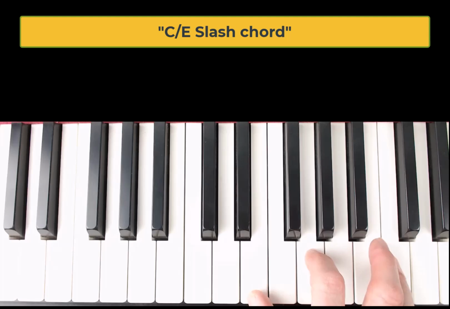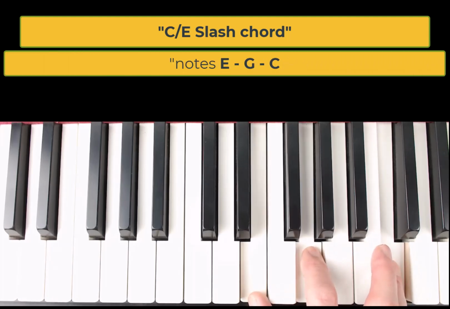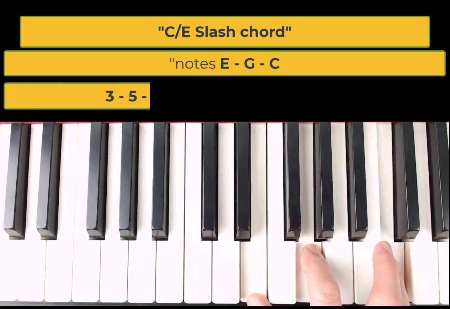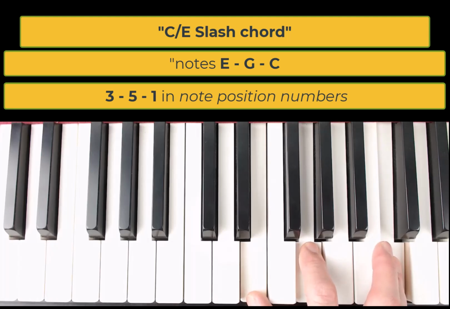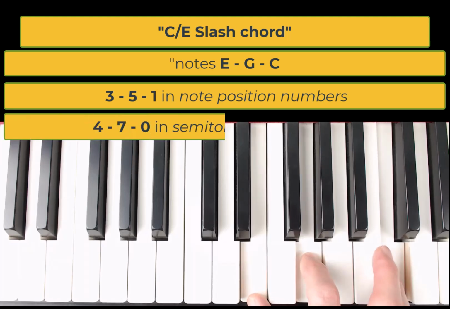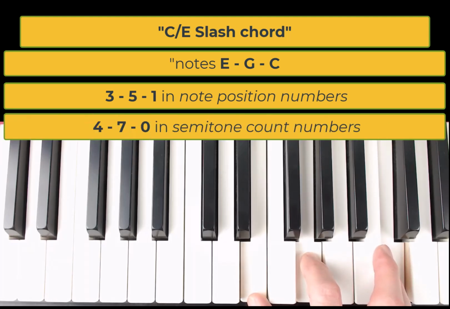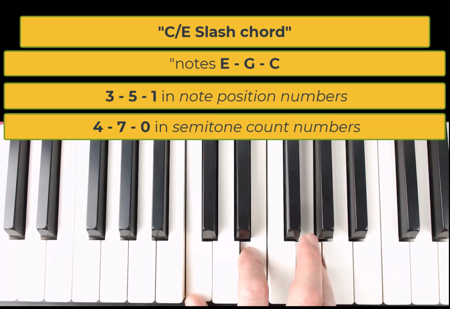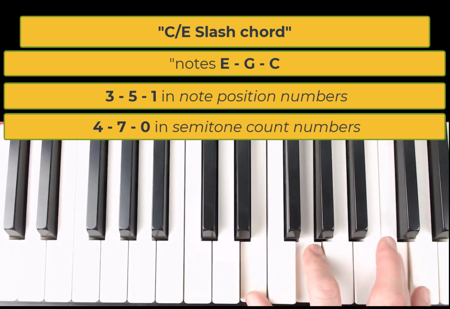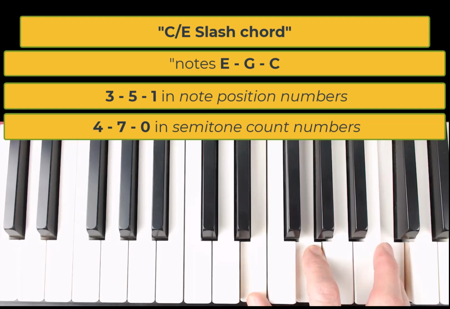So we would play the notes E, G, and then C. We could chart that as a 3, 5, 1 note position, because we've taken the 1 and put it on top, or 4, 7, 10 in semitone counts. Regardless of how you get there, it's directing us which note to play first. So in this case, a C/E slash chord is the notes E, G, and C.